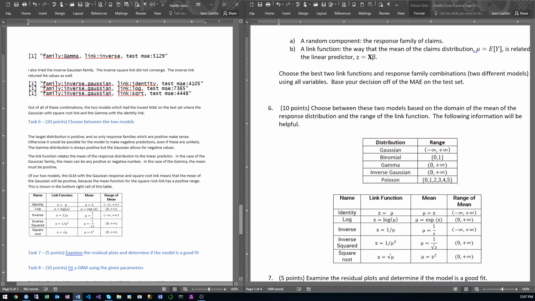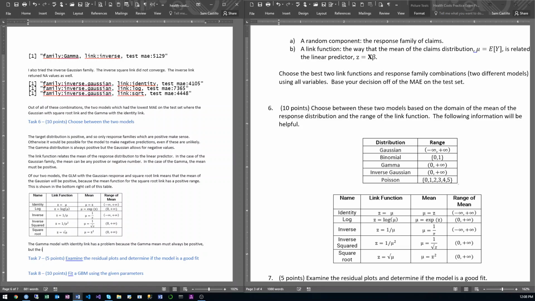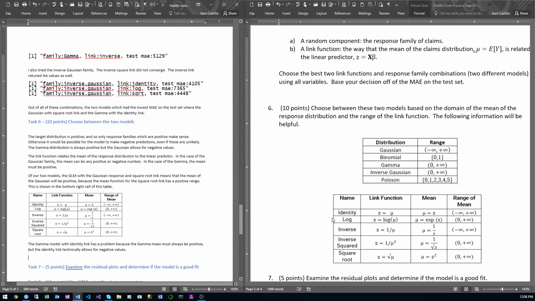The second, the gamma model with identity link has a problem. Do you see why? Because the gamma mean must always be positive, but the identity link technically allows for negative values, right?